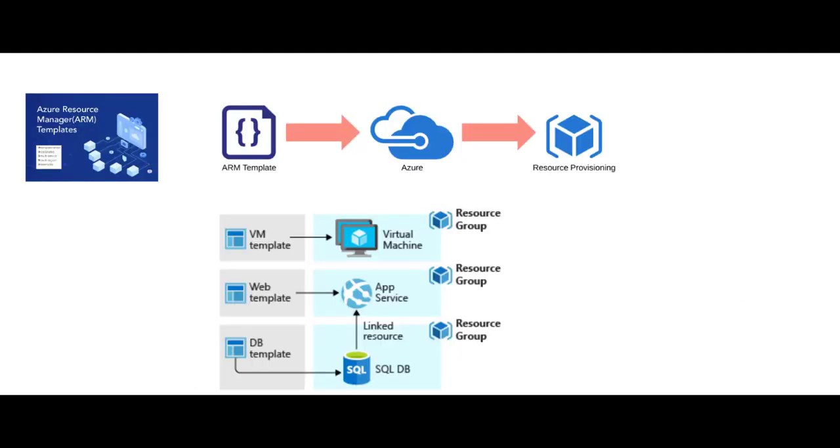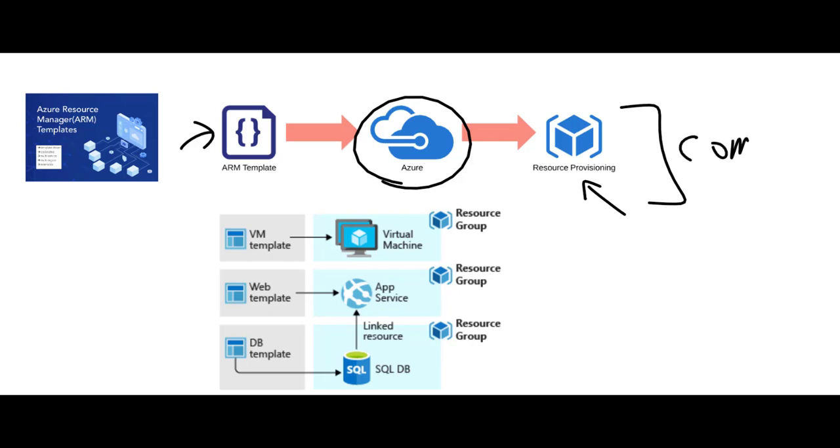So what is an ARM template? Well, ARM template, Azure, and the provisioning of resources. You are giving Azure a command via a template. You're automating things, aren't you? You're essentially saying that my template has resources I want to provision.